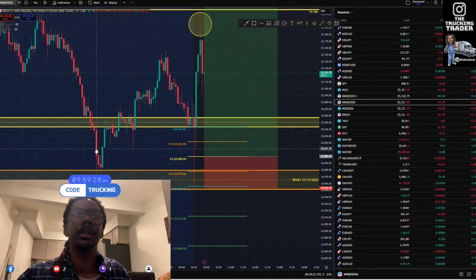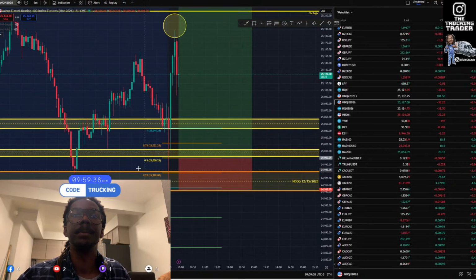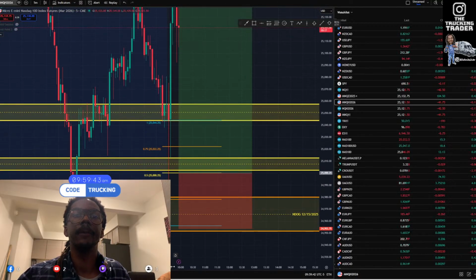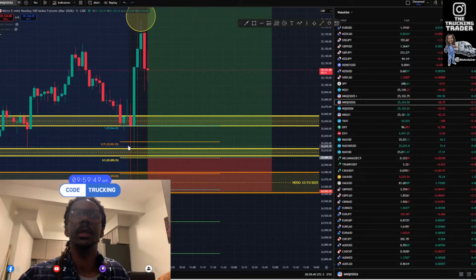I will always look up to the left, a little bit further to the left, and realize that we have a couple of fair value gaps that we can touch back into, right? We have this one right here. You guys can see that when price swept liquidity right there, price already hit this fair value gap once, right?